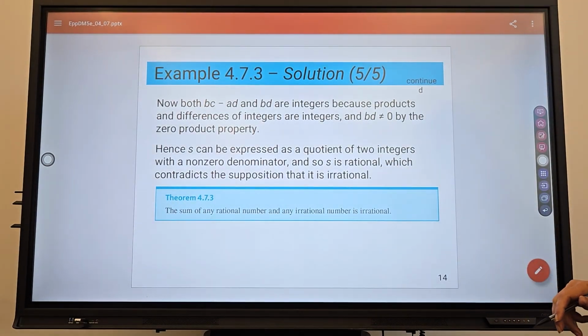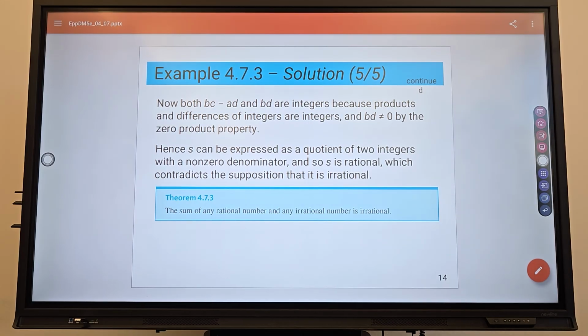And now both BC minus AD and BD are integers, because they are products and differences of integers, and B times D is not equal to 0 by the zero product property.